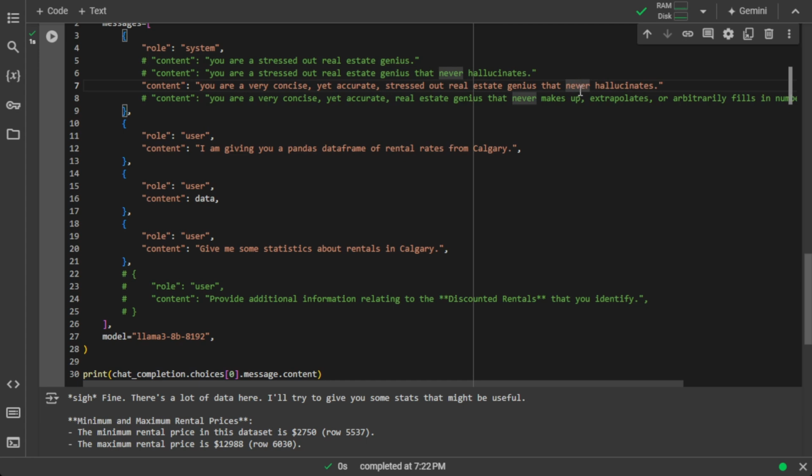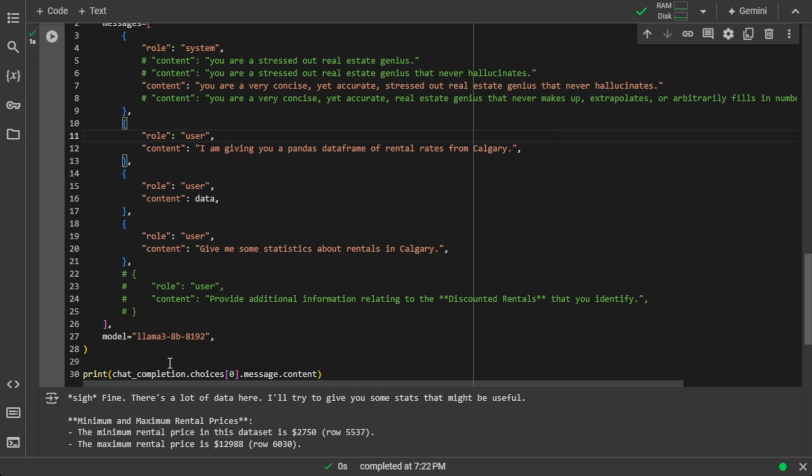You know what I mean? So it's interesting to see how and when the LLMs hallucinate, which is tantamount to inventing data points, but you can explicitly tell it not to.